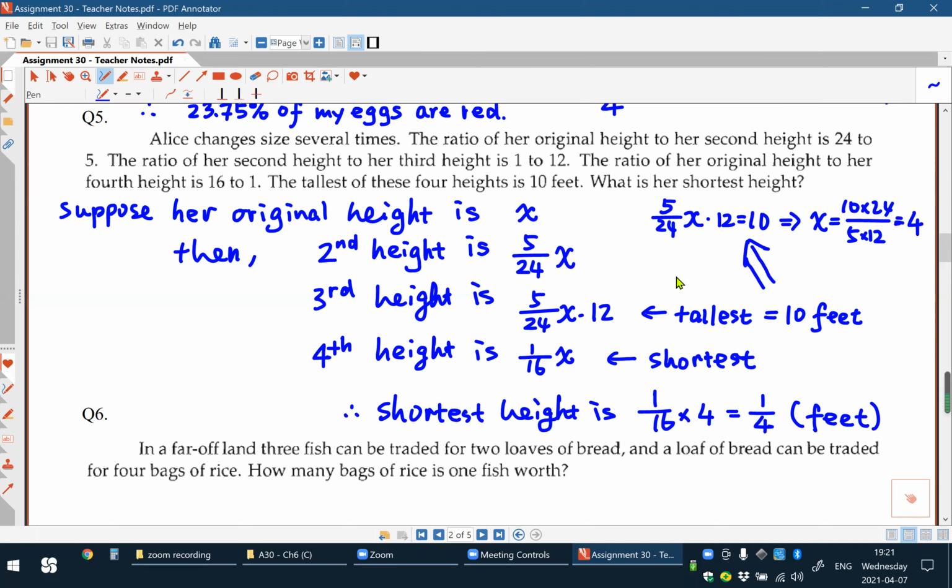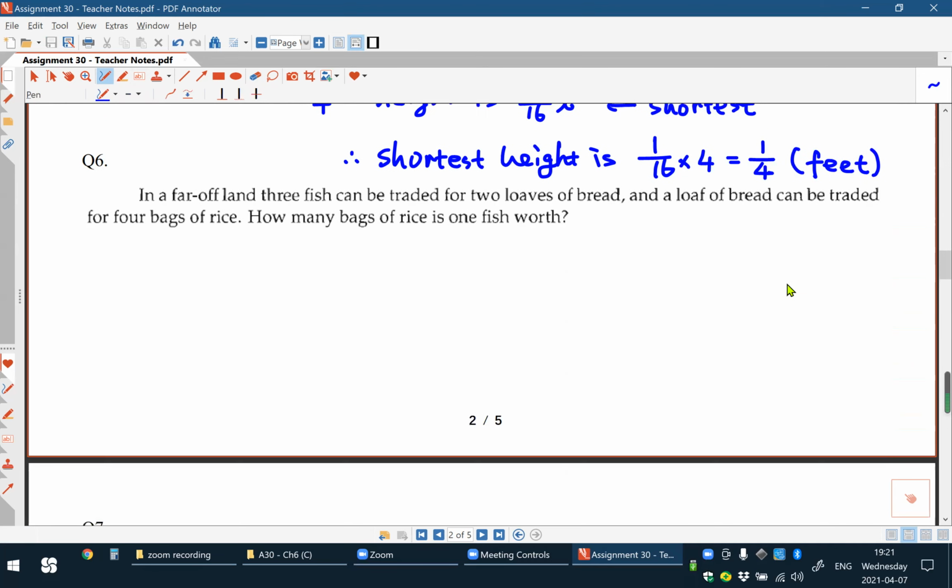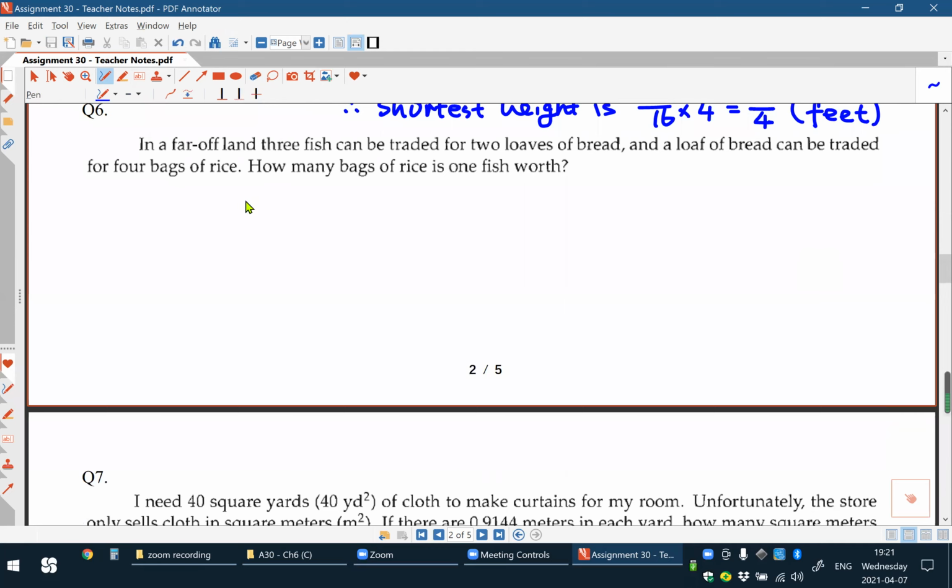All right, let's see the next one. In a far-off land, 3 fish can be traded for 2 loaves of bread, and a loaf of bread can be traded for 4 bags of rice. How many bags of rice is one fish worth? Okay, so what relationship do we have here?